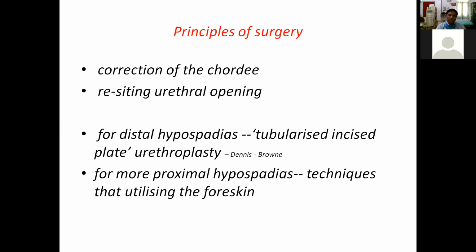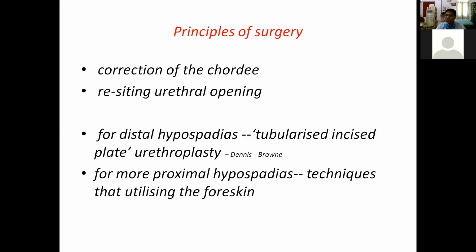there are two methods of correction of hypospadias. The first and the older technique is of Denis Browne, which is suitable for distal hypospadias, and is tubularized incised plate urethroplasty. The second one, which is used for more proximal hypospadias, is techniques that utilize the foreskin.